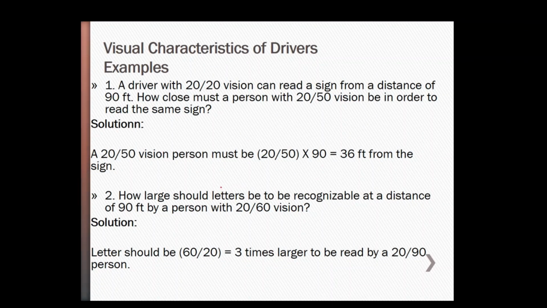Let's solve some simple questions. A driver with 20/20 vision can read a sign from a distance of 90 feet. Then we just use ratios to figure out how close a person with worse vision, 20/50, must be in order to read the same sign.